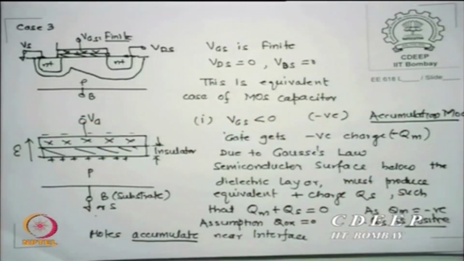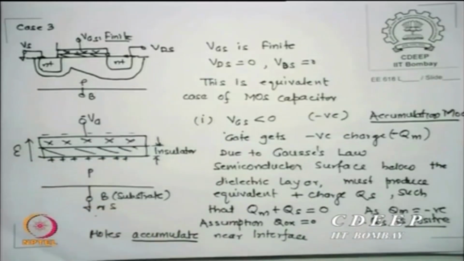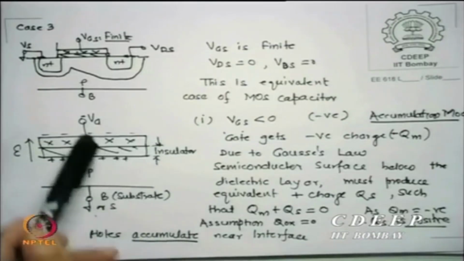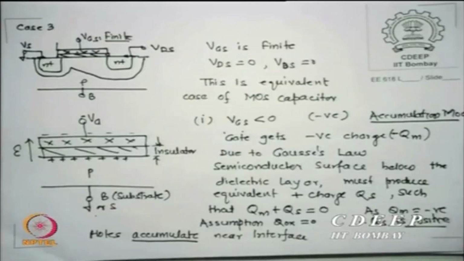These many holes will only come as much as the charge you put on the metal, so every time equilibrium, Qm plus Qs is constant, is maintained. So if I have larger minus Vg, what will happen? Larger holes will come. The larger the negative voltage I apply, the larger the accumulation of holes at the interface.